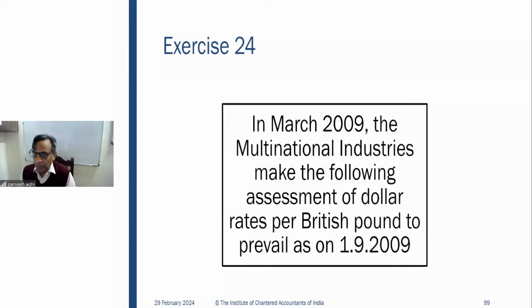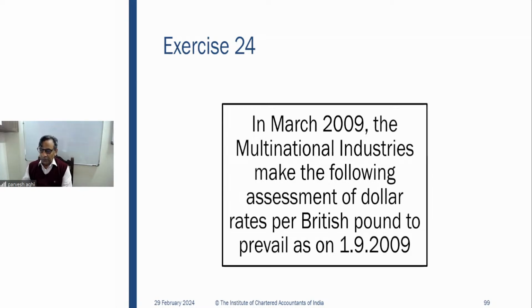Okay. In March 2009, Multinational Industries makes the following assessment of dollar rates per British pound to prevail on 1st of September 2009. So there's a company called Multinational Industries, which is making an assessment of how the British pound will look on 1st of September.